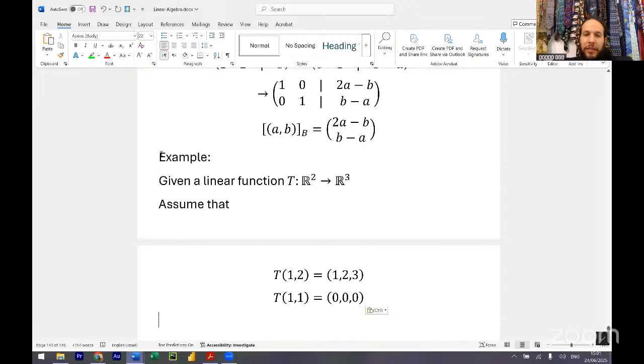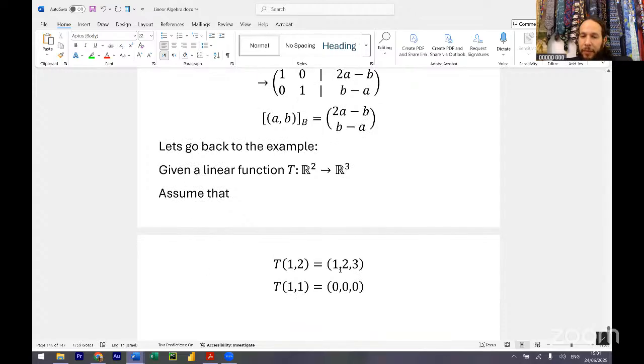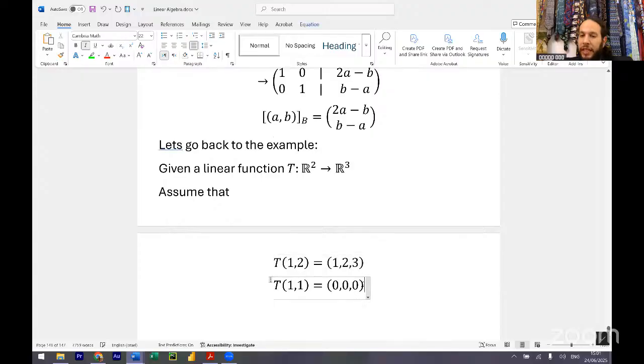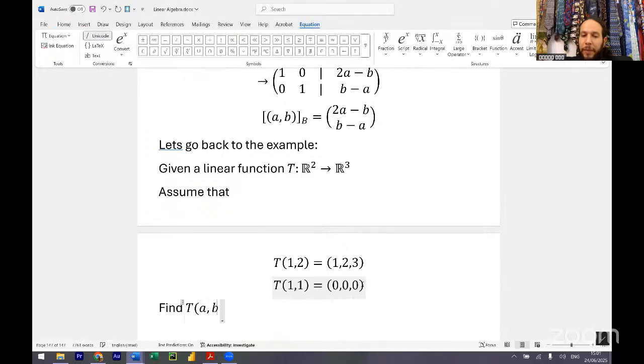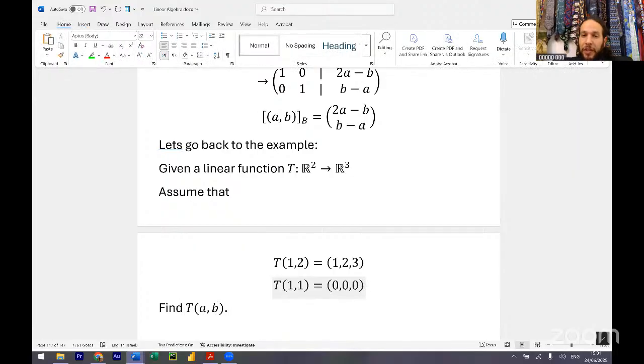So let's go back to this example, and then we say, what is T? Find T of AB. Okay, that's the question.